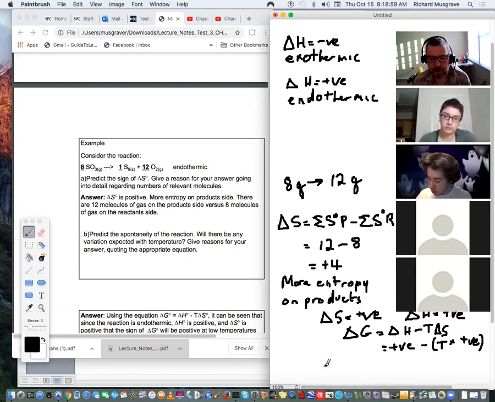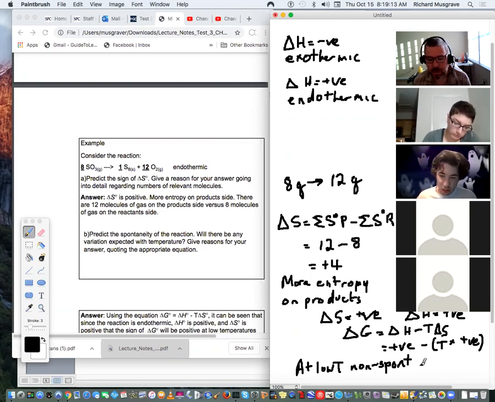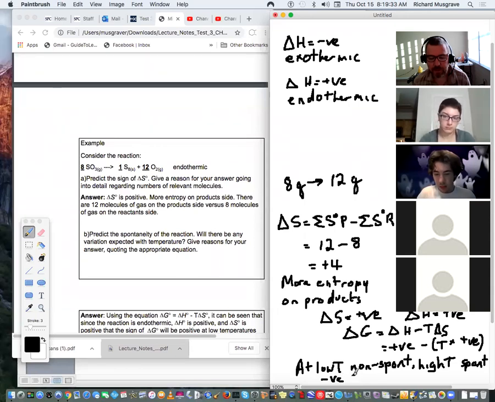And we can tell from this that it would be at low temperature, non-spontaneous. And at high temperature, it would be spontaneous. And that's it. Low temperature, I'll just put in here positive delta G, just to clarify that, and negative delta G for the high temperature one.